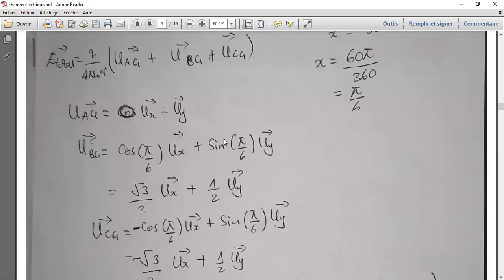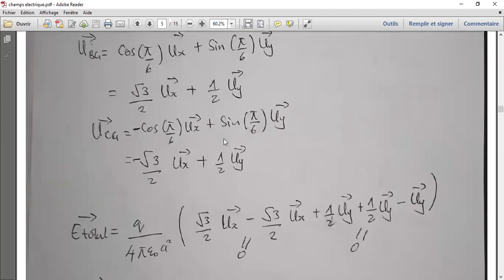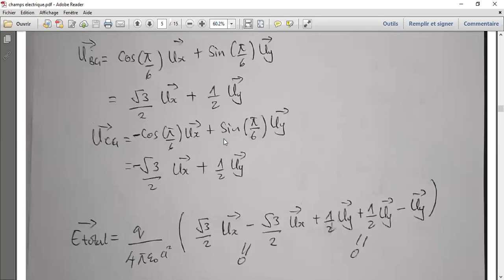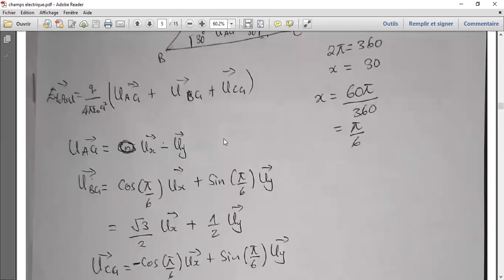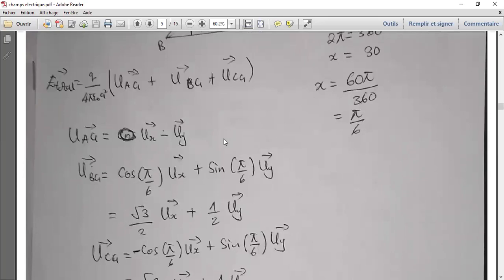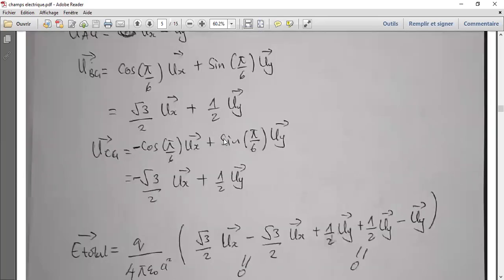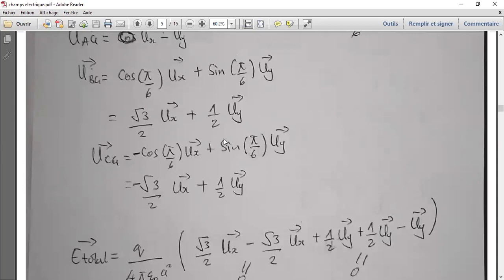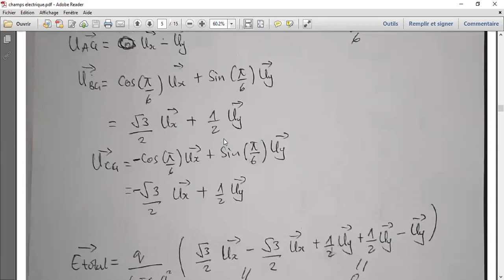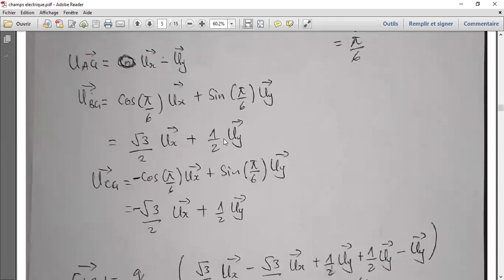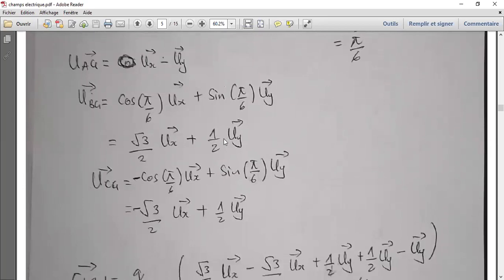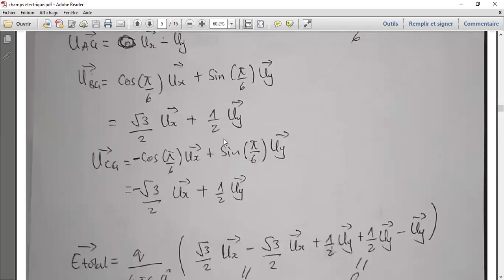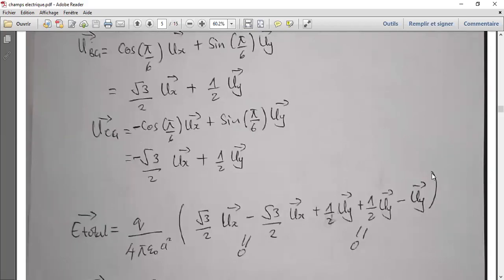So you can start with any which you want. For me, I started with my UBG and my UCG. When I was replacing, I just went directly, grouping the like terms together.